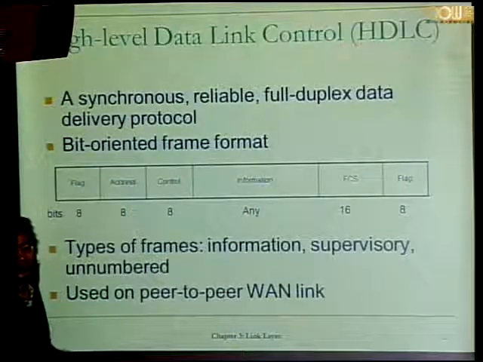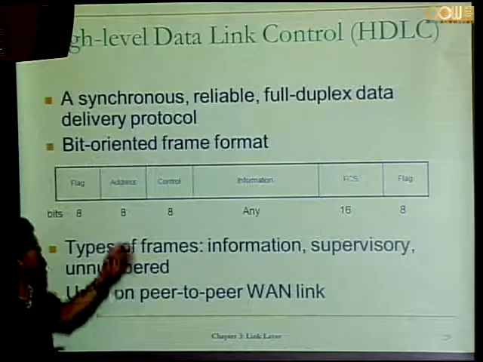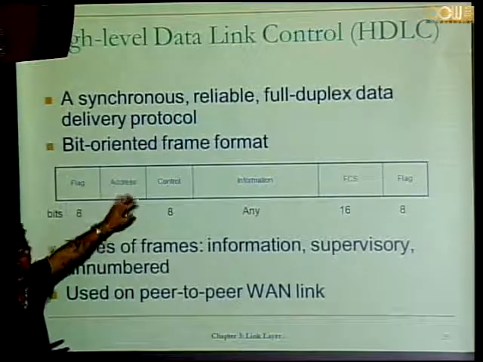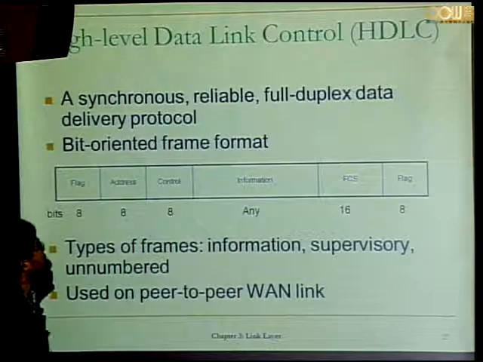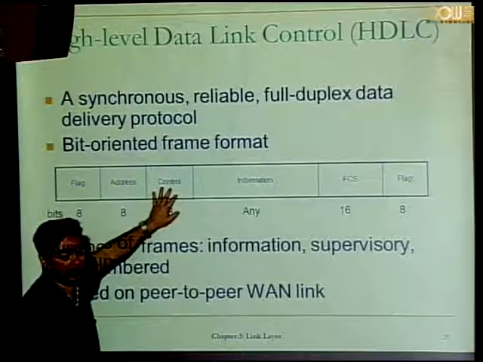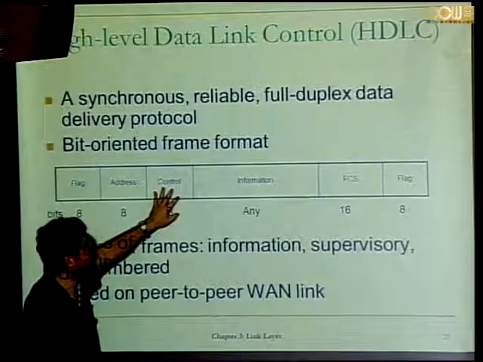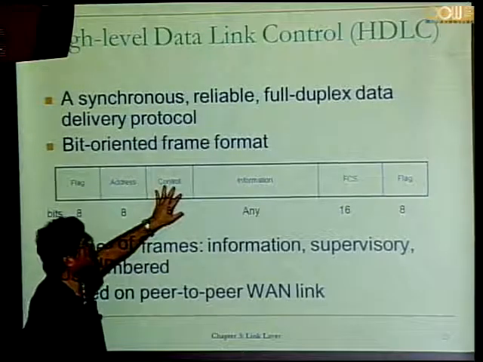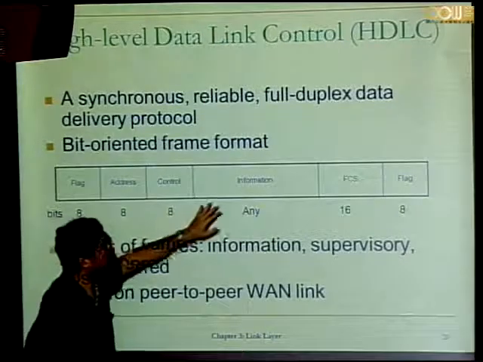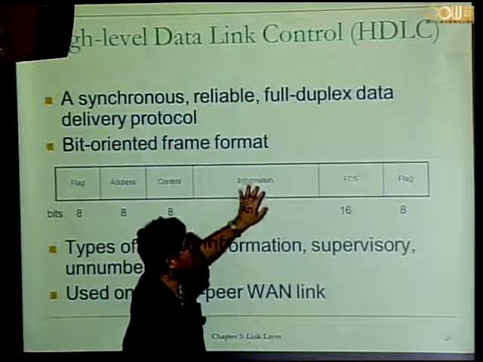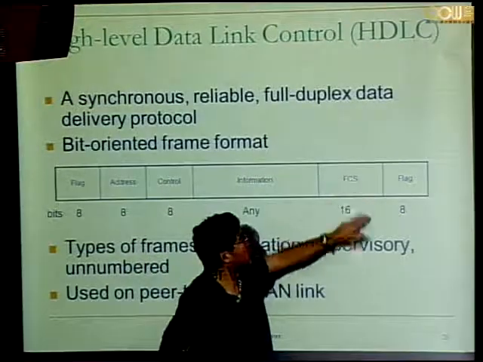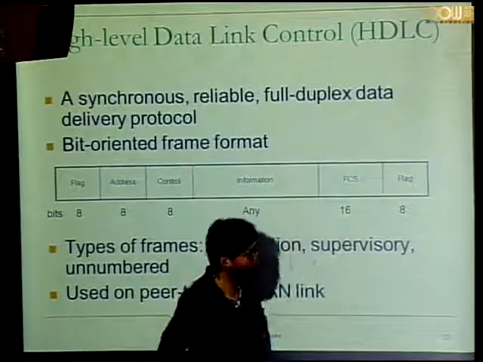But you will see that in PPP, this address is fixed. They don't need to specify the address. And then the control field for error control or flow control will be used here, and also to specify what frame type it is. And then that's the actual payload appended with the FCS, which is the 16-bit CRC.